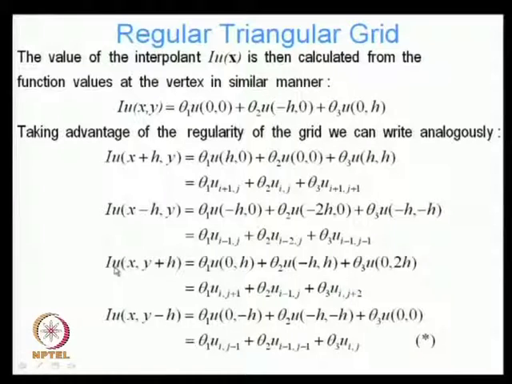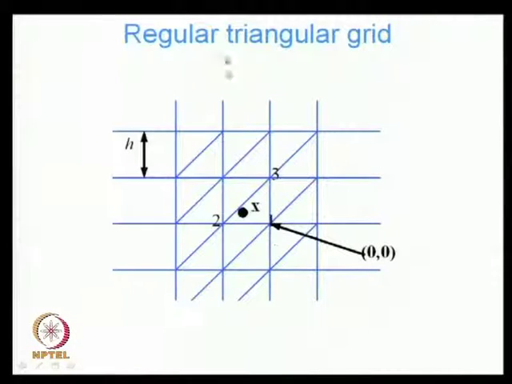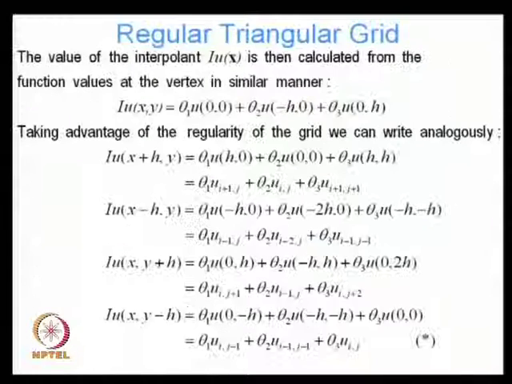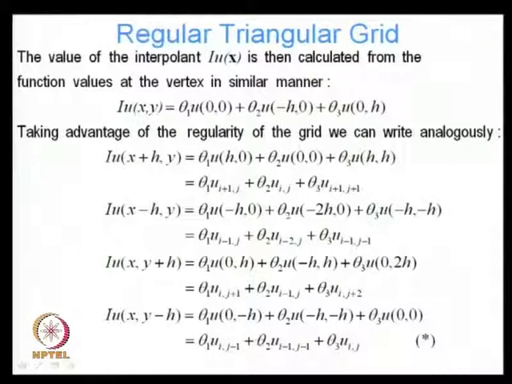Similarly, I can write r u x y plus h like this using the same sort of argument. Now, in this case I am looking at a point right here, and then I y minus h where I am looking at a point in this triangle, right. So, in that case I get something like that.